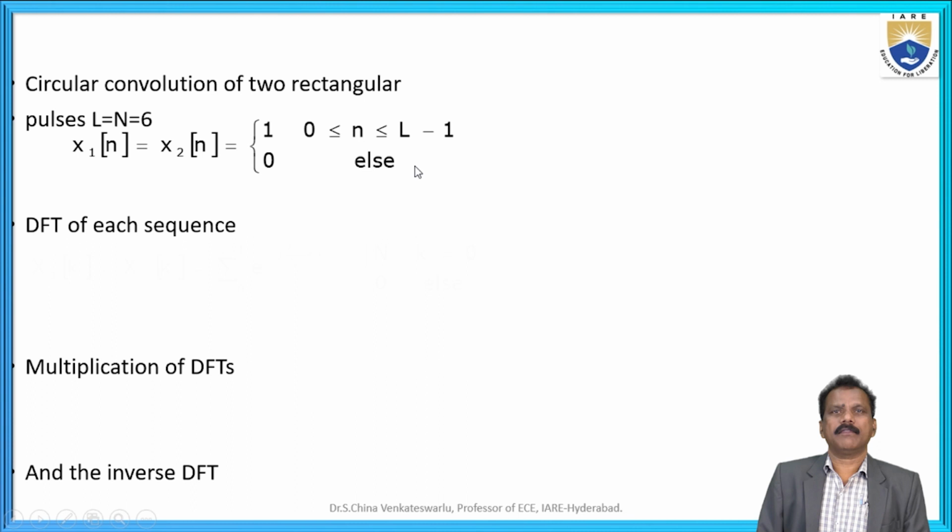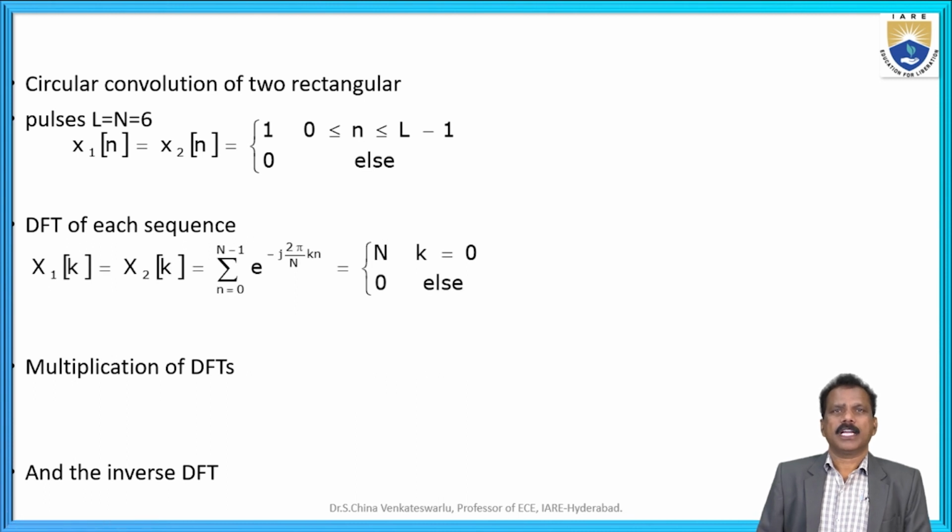So like this, the DFT of each sequence, X1 of k is equal to X2 of k is equal to the summation n is equal to 0 to N minus 1 of e power minus j 2 pi by capital N into k into n, which is also equal to N for k equal to 0, 0 else. Like this, the DFT, discrete Fourier transform of each sequence, we will evaluate, we will compute.